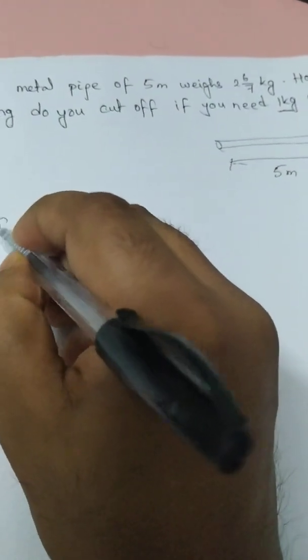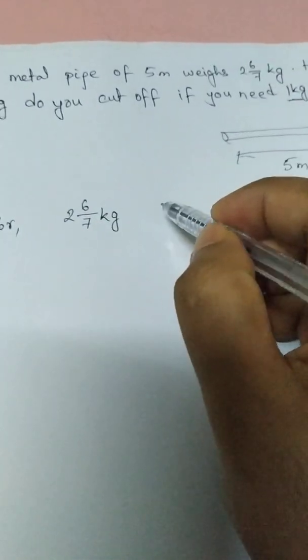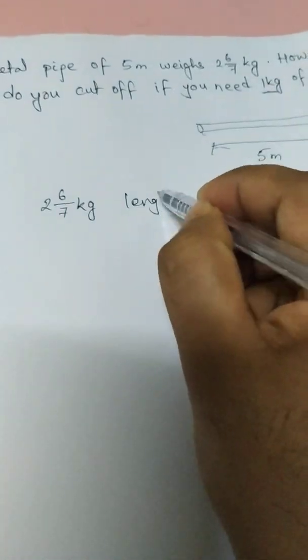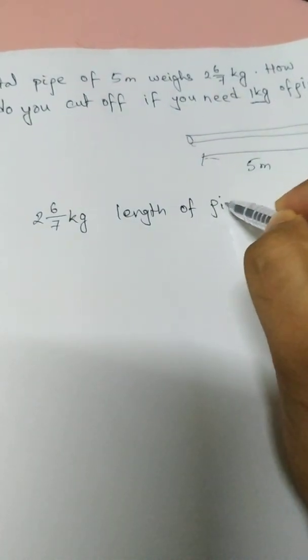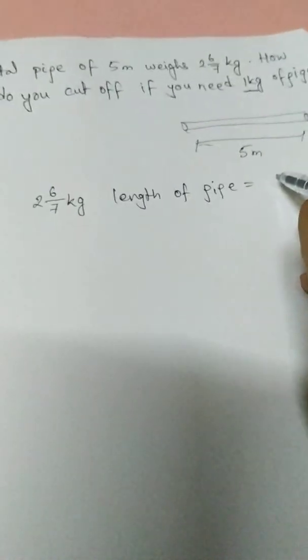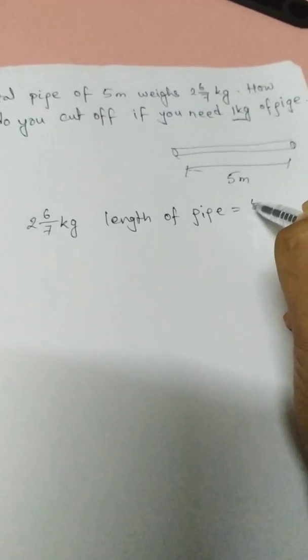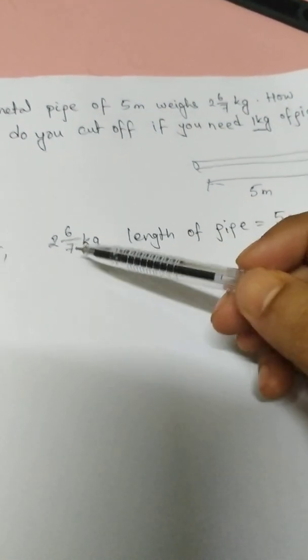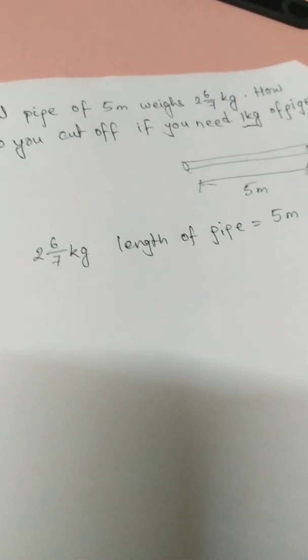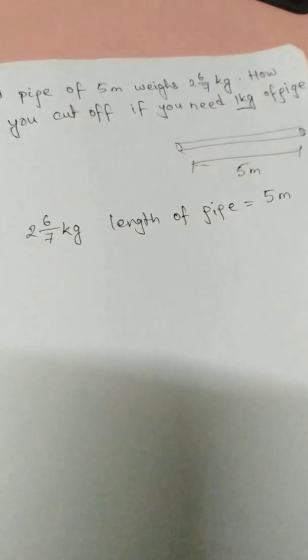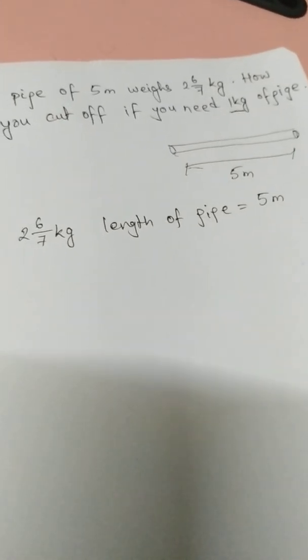Suppose for 26 by 7 kg, the length of pipe equals 5 meter, right? So let's give an example. 5 chocolates cost 10 taka.